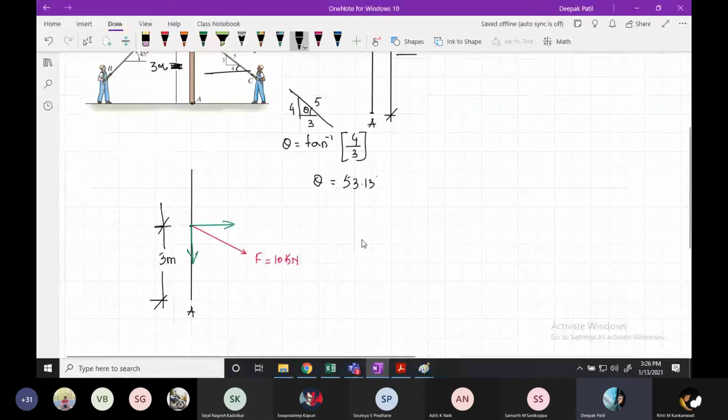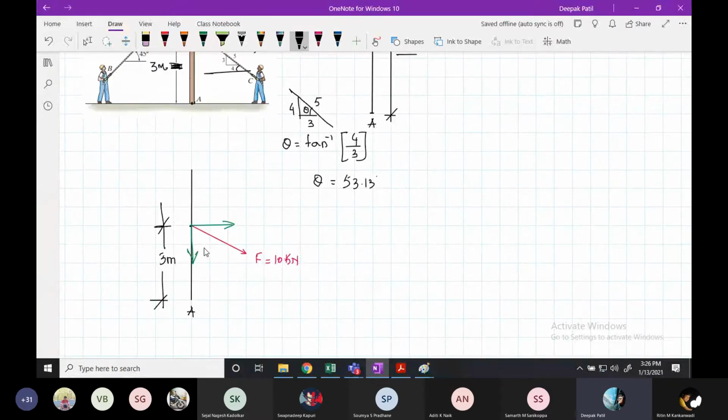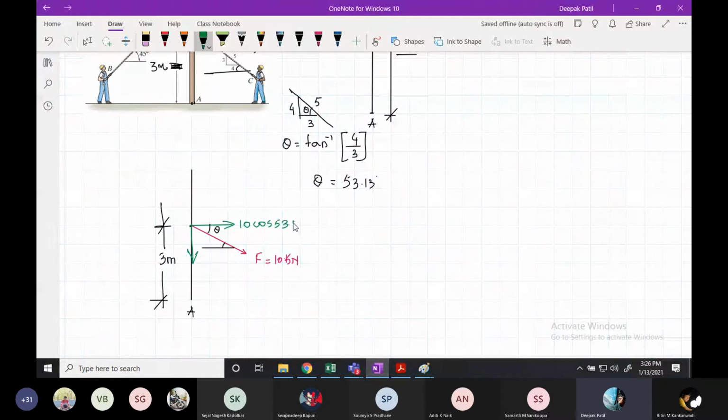So if this angle is 53.13, obviously this angle should be theta, which is 53.13. Let me mark out the components here. So if this is 53.13, this will be 10 cos 53.13, and this will be 10 sin 53.13.